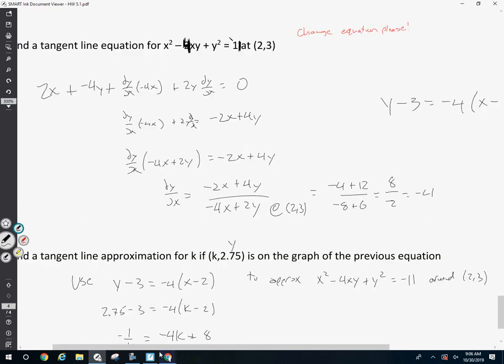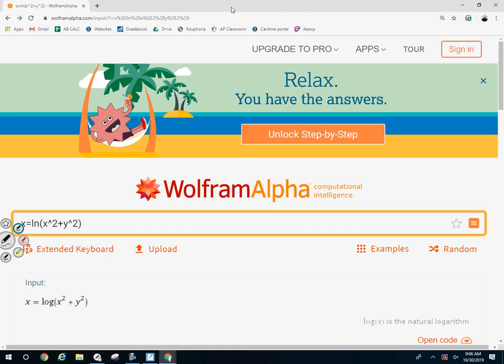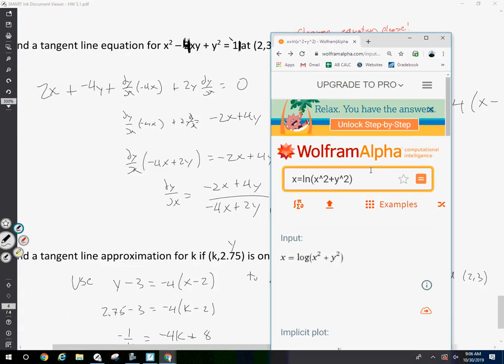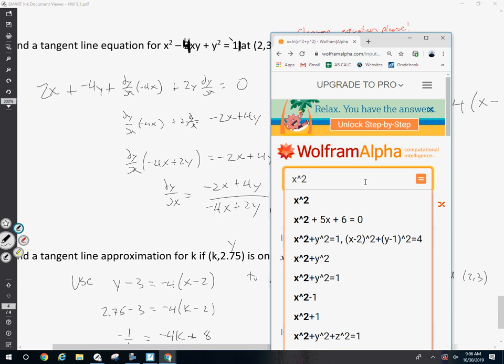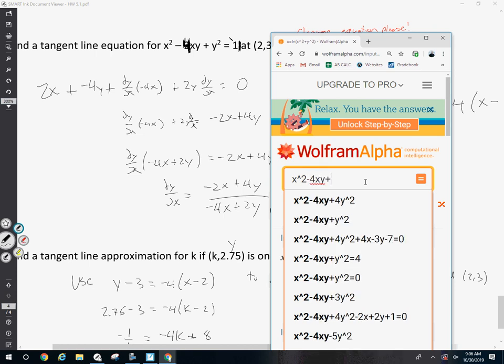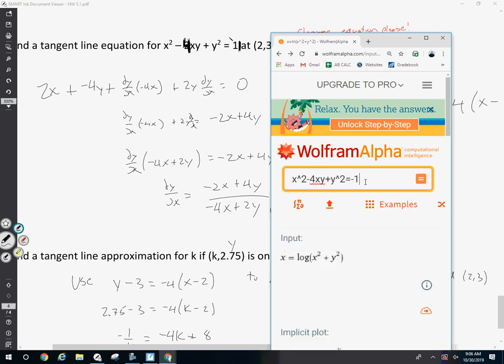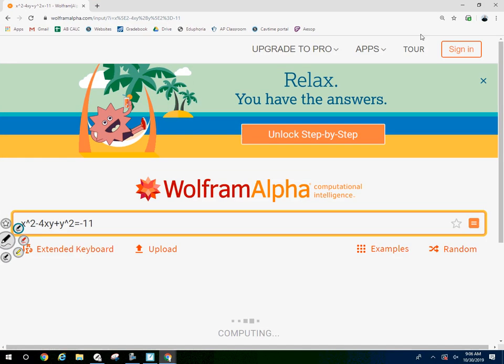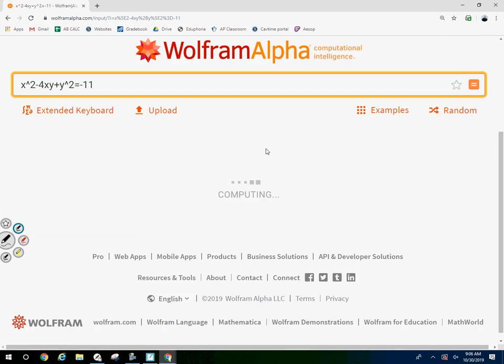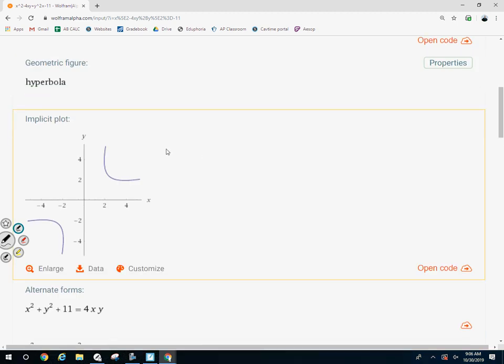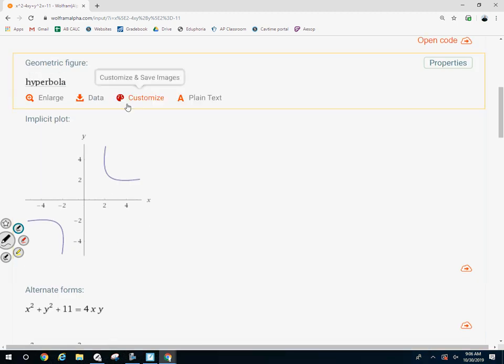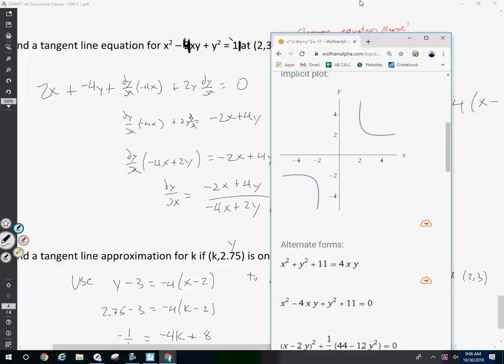Let's do it really quickly. First, let's graph x squared minus 4xy plus y squared equals negative 11. I think it's a hyperbola, not an ellipse. Yeah, it's a hyperbola. So symmetry with the slopes.